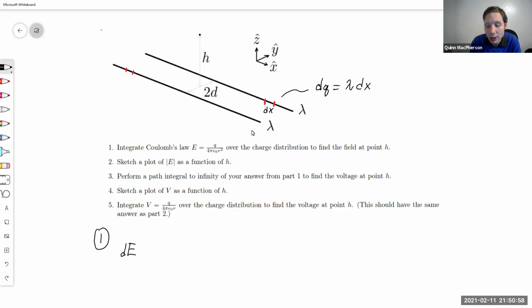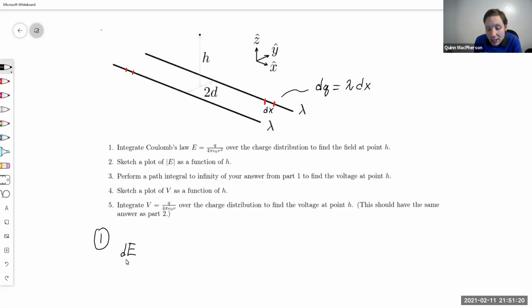Basically, I'm splitting the line charges up into a bunch of little segments that are dx long. I will find the field due to each one, in particular the z component of the field due to each of them. I will then add up, aka integrate, all of those z components together to get the total field.